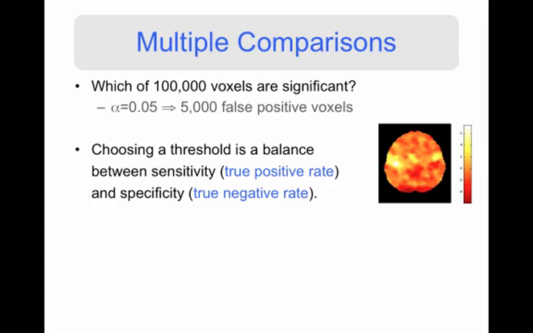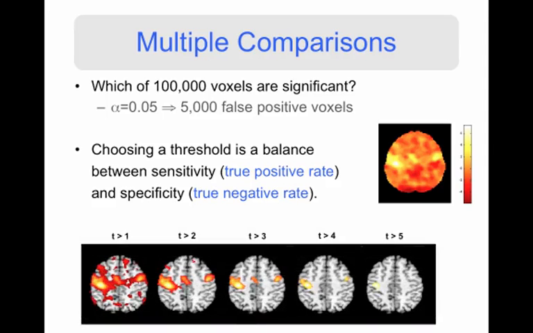So in general, choosing the appropriate threshold is a balance between sensitivity, the true positive rate, and specificity, the true negative rate. Here we see an example of a variety of different ways we could threshold the statistic image that we showed here on the right. If we use a very lenient threshold, a lot of voxels will be deemed active. And as we use a more stringent threshold and move to the right, fewer and fewer voxels are active.